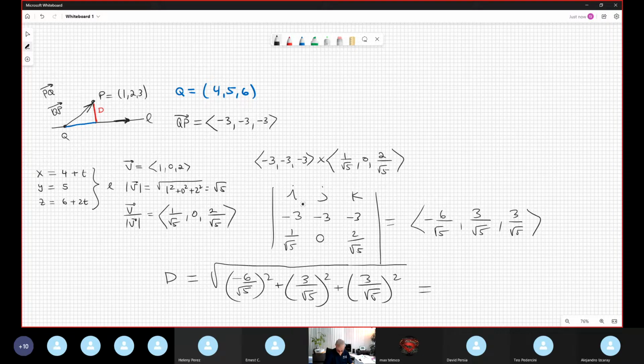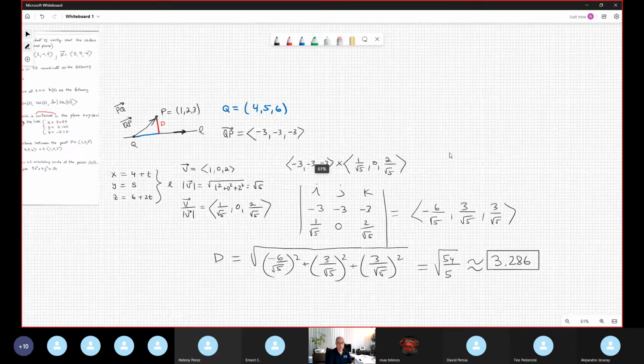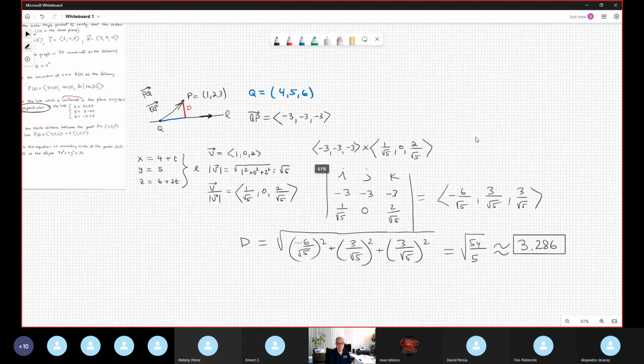And calculate. The answer is square root of 54 over 5. The decimal approximation is 3.286. It is the shortest distance. Cool, no problem. Does everyone understand very well?